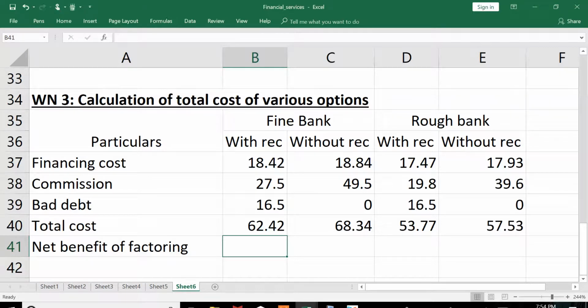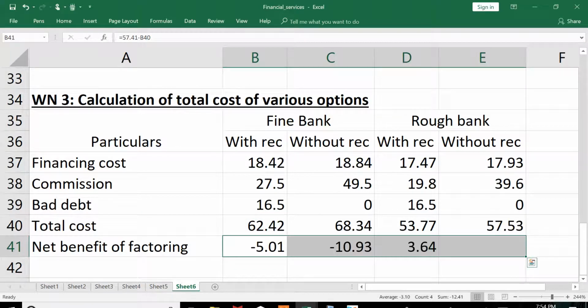Now my net benefit of factoring is 57.41 minus the cost which earlier I used to incur, 57.41 in in-house management, working note 1. Now if your costs are increasing, it's a disadvantage. If costs are coming down, it's a benefit. Net, I'm going to go with Rough Bank with recourse plan. This is what I'm going to finally decide on.